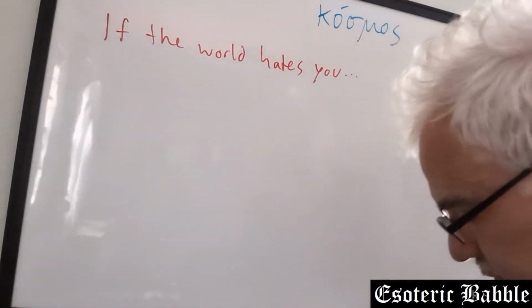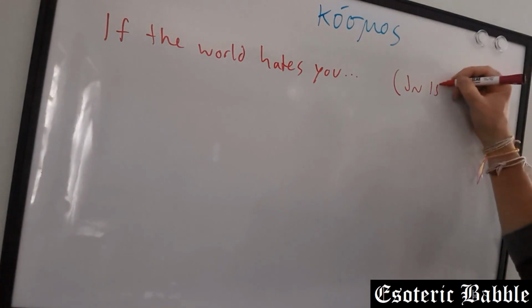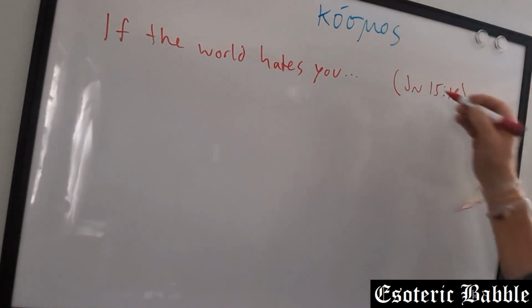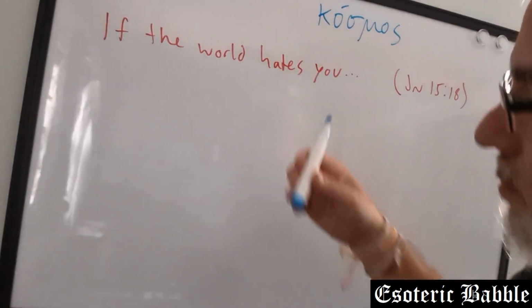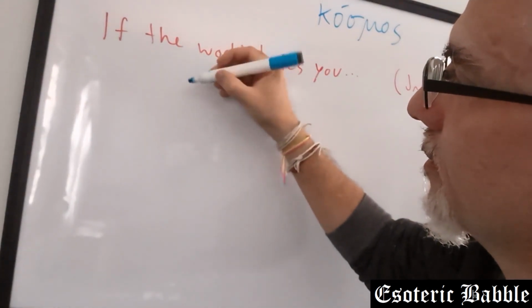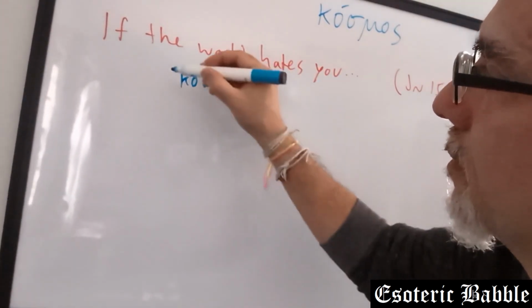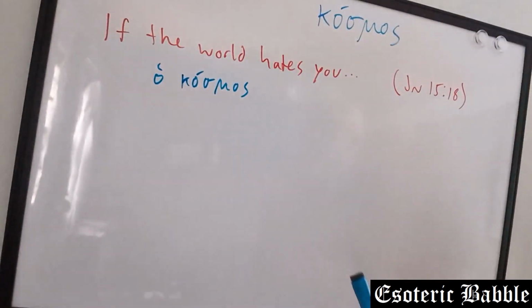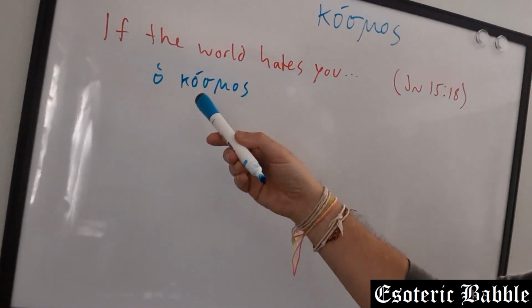And by the way, I'll put this down. It's 15:18. I guess that is clear that that's the book of John there. So what we will find in this instance, the world in this case is ho cosmos.